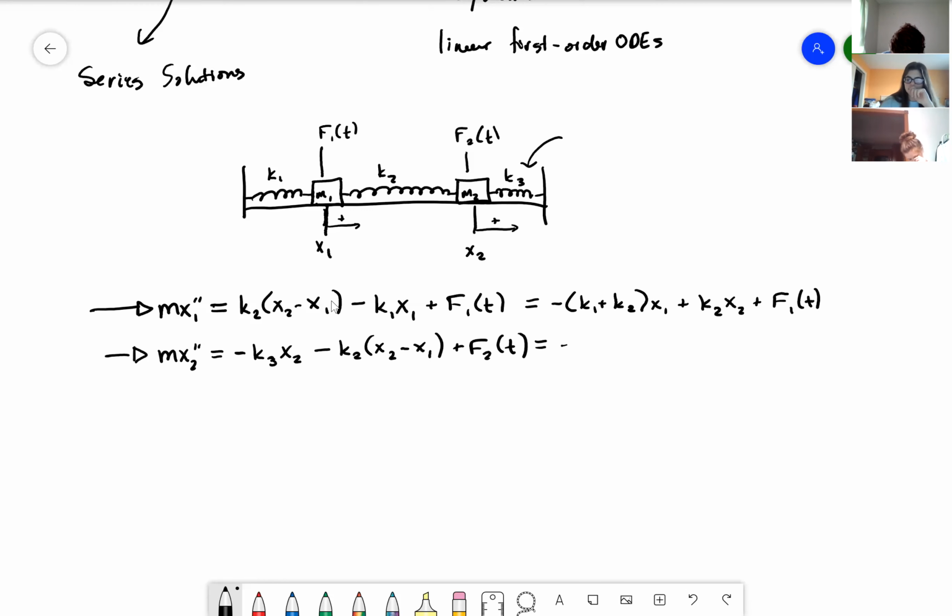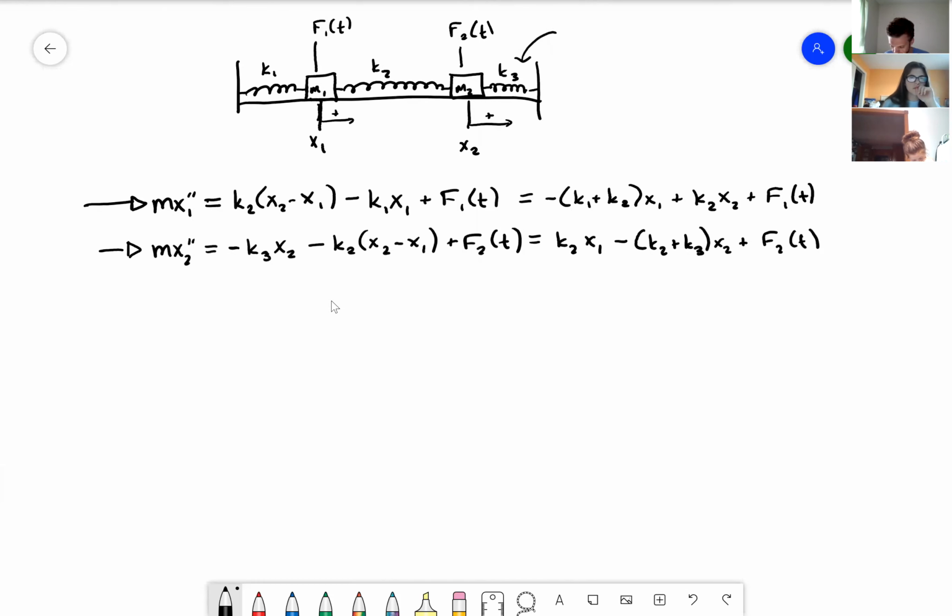Similarly, we have K2 times x1 minus K2 plus K3 times x2 plus f2. Okay.